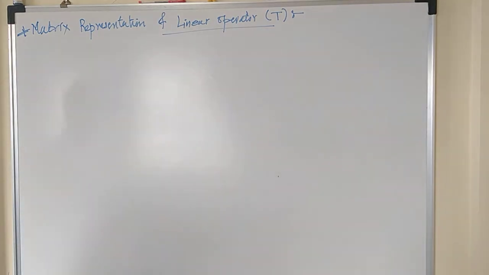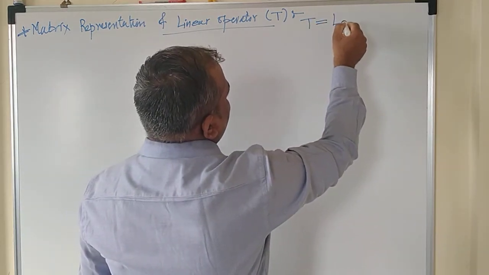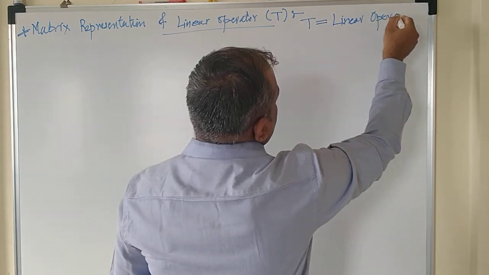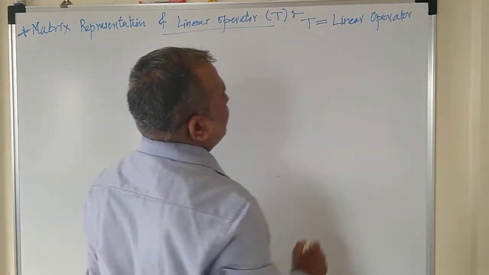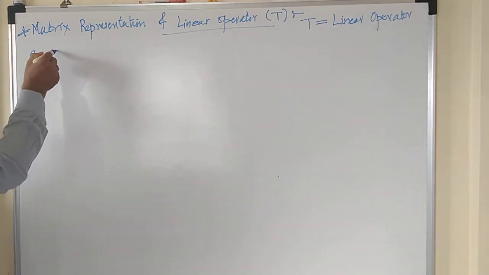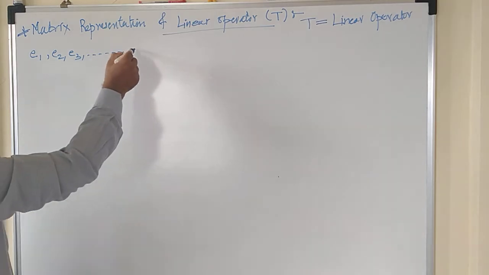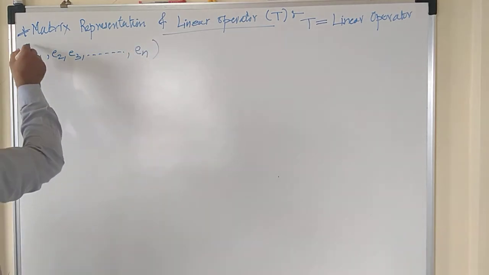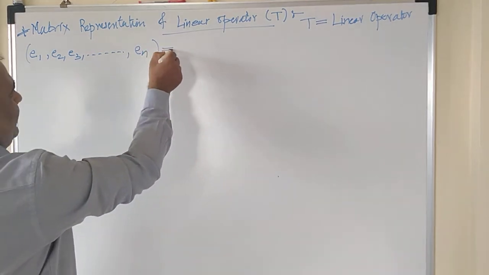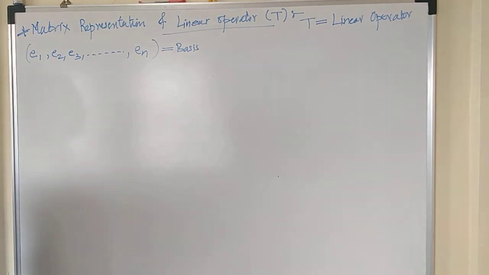So let T be the linear operator, and E1, E2, E3, up to En are the basis, right? E1, E2, E3 are actually called the standard basis.